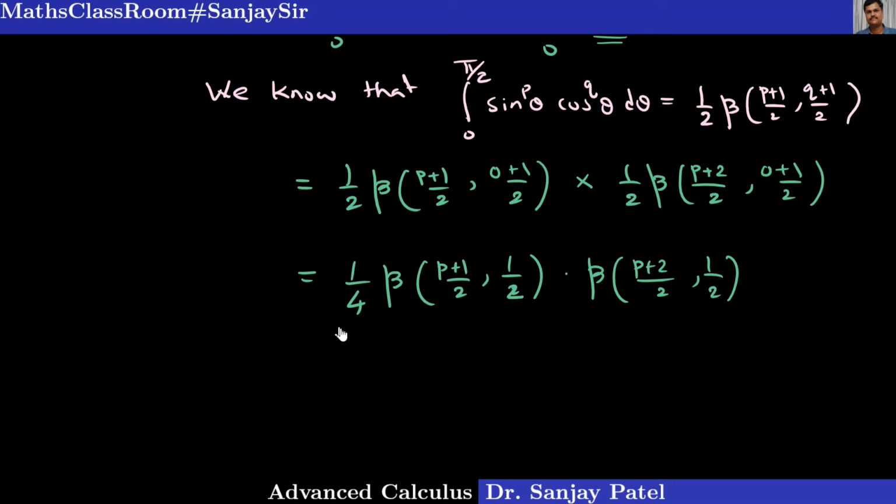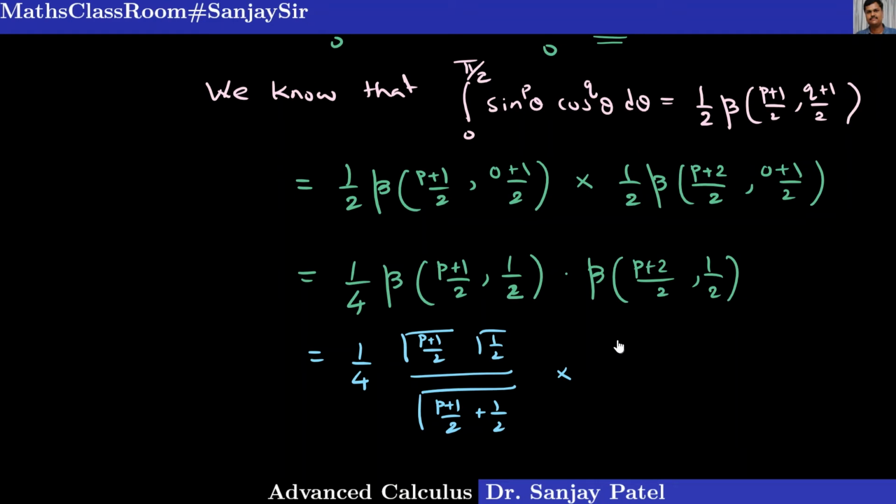This can be written as 1 by 4, using the relation between beta and gamma function, gamma m gamma n upon gamma of p plus 1 by 2 plus 1 by 2, into gamma of p plus 2 by 2 into gamma of 1 by 2 upon gamma of p plus 2 by 2 plus 1 by 2.